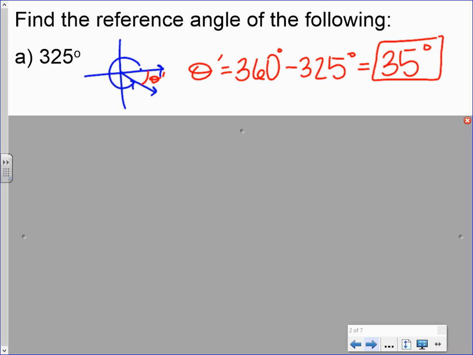So our reference angle is 35 degrees. What we can do with that is, if we can calculate the tangent of 35 degrees, then we know that the tangent of 325 degrees is that same number, but negative since we're in the fourth quadrant. Same kinds of things that we can do on the unit circle, but just not with the special values.